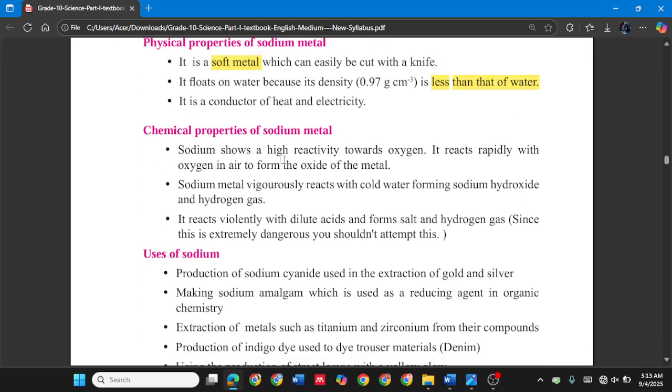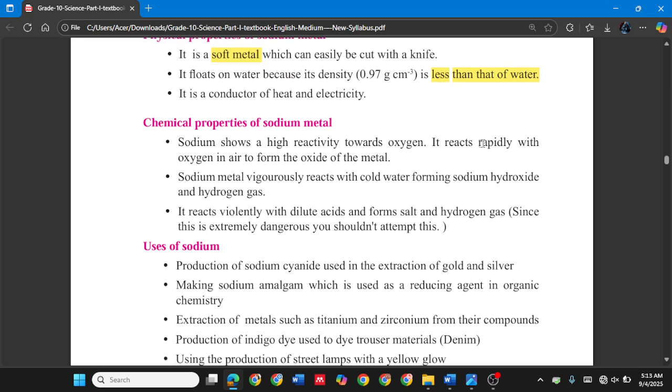Then, chemical properties of sodium metal. Sodium shows a high reactivity towards oxygen. It reacts rapidly with oxygen in air to form the oxide of the metal. And sodium metal vigorously reacts with whom?